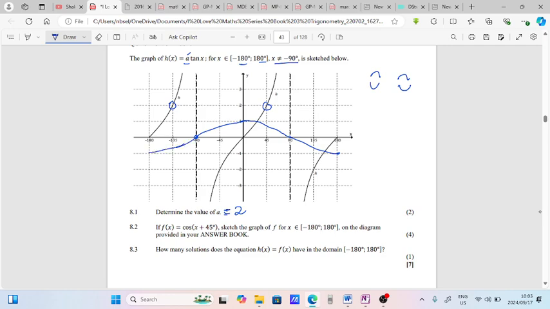Now I must shift this graph 45 degrees to the left again. This turning point goes to this point again. And now this 90 degrees goes to this point again. Now at 90 it goes to 45 again.